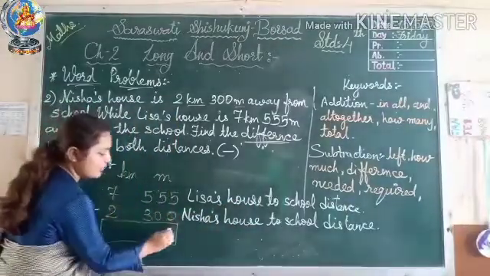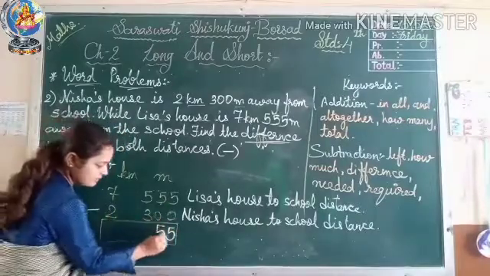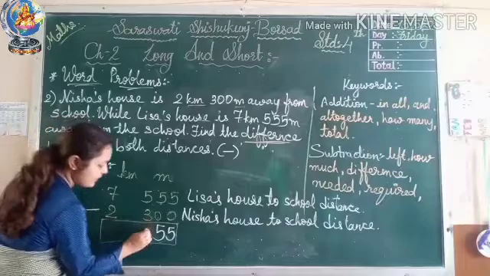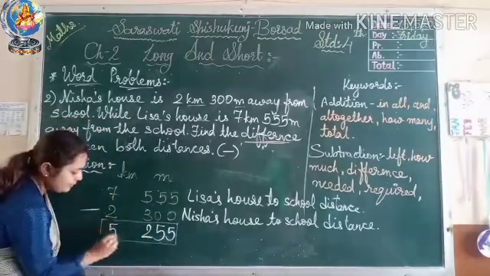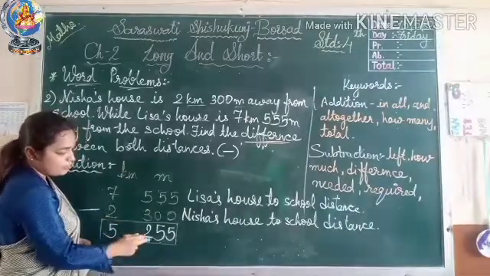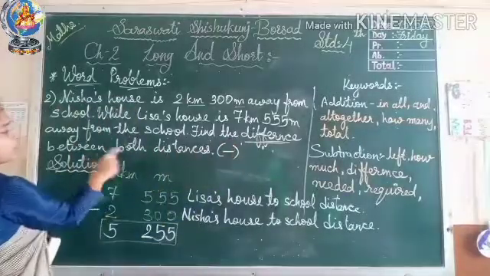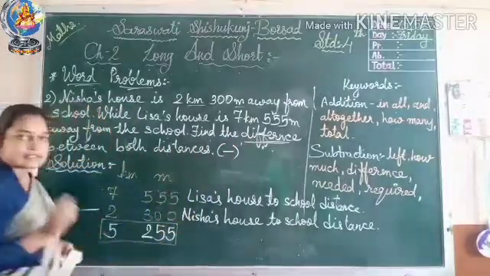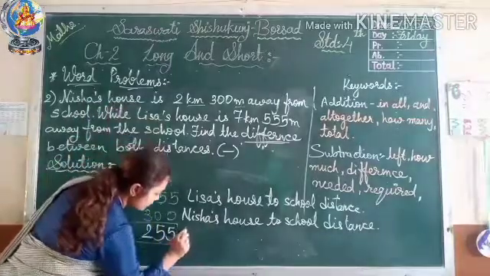5 minus 0 is 5. Again 5 minus 0 is 5. 5 minus 3 is 2 and 7 minus 2 is 5. So you can say that 5 kilometer 255 meter is the difference between both distances. Okay, so this is your answer.